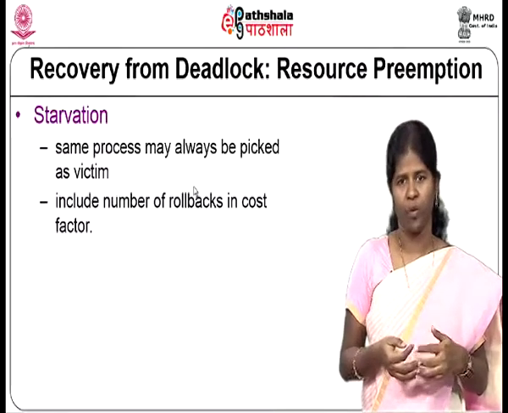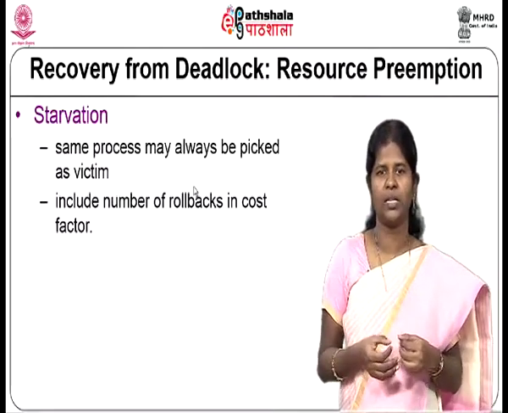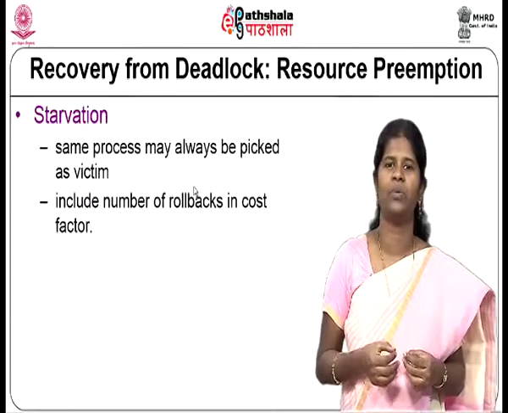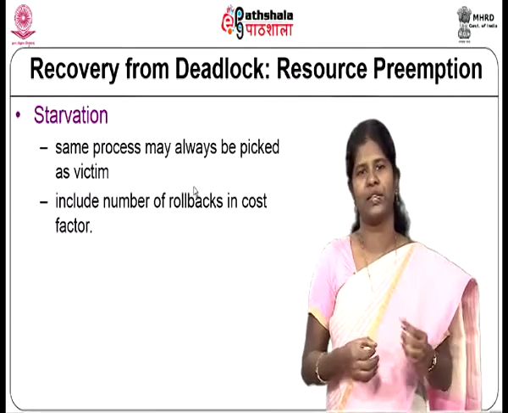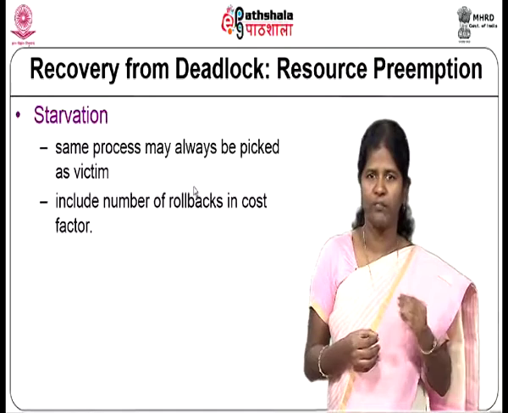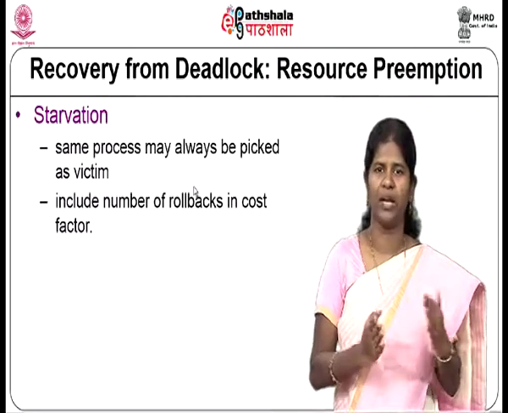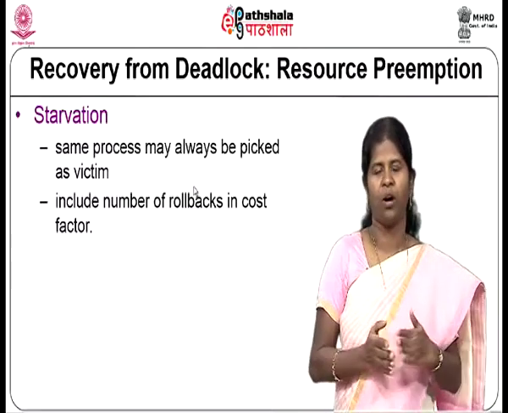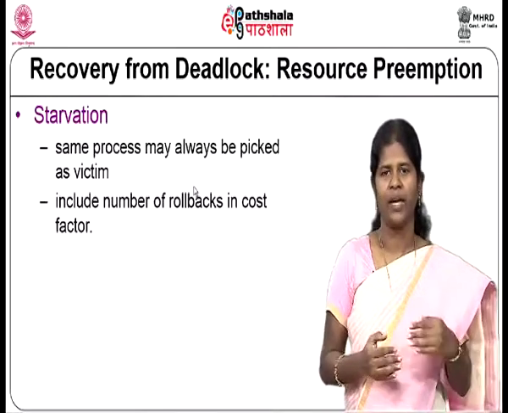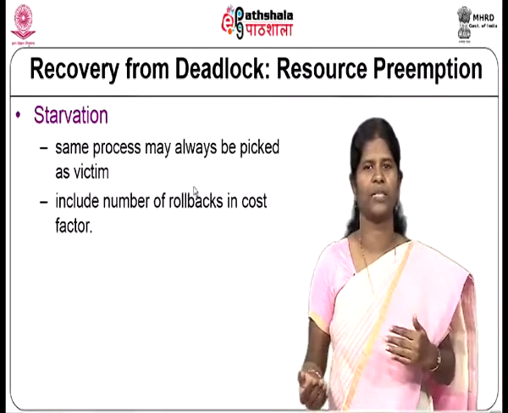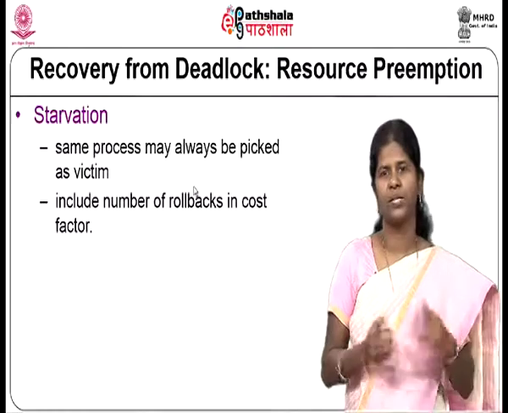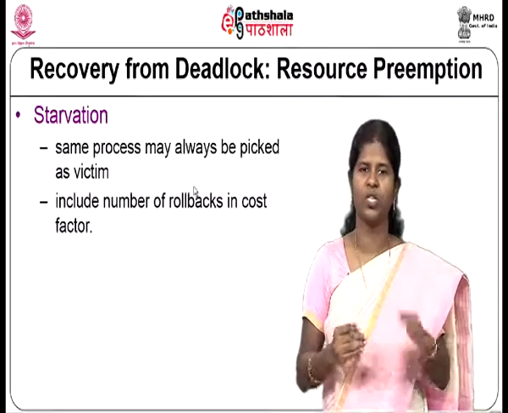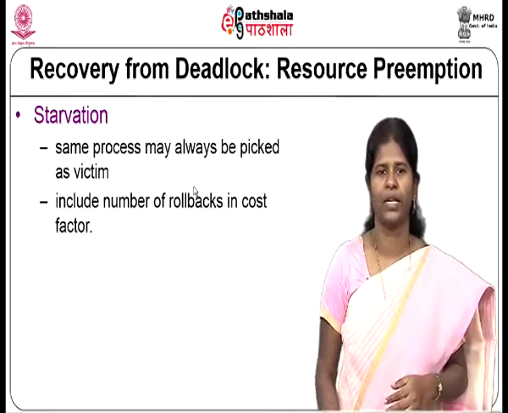For avoiding starvation, you can include the number of rollbacks as a cost factor. If a process has been rolled back say 5 or 6 times, or more, then that process will not be chosen next time for rolling back. So this count of how many times the process was rolled back earlier will be considered.